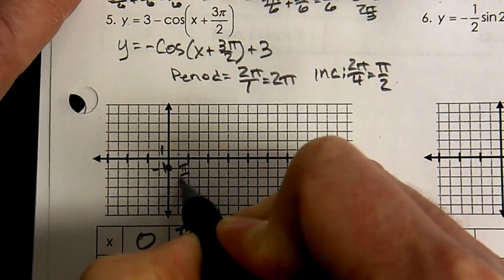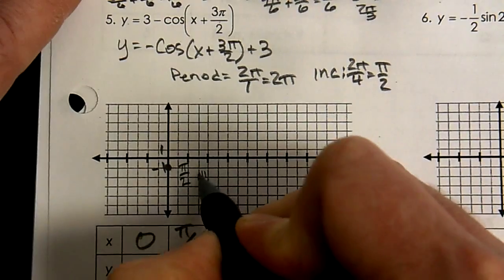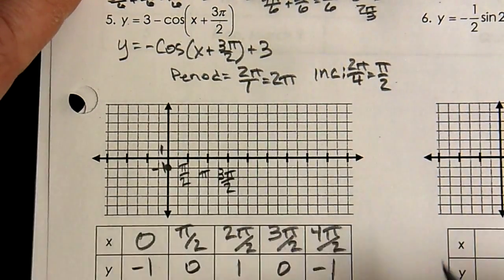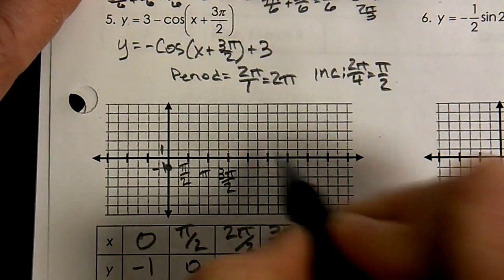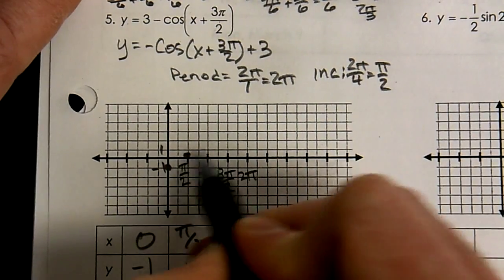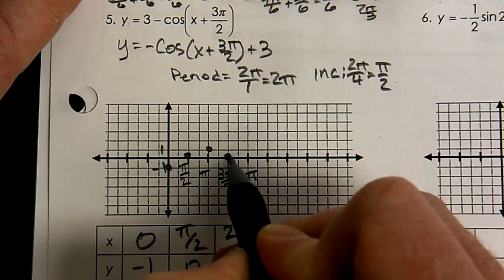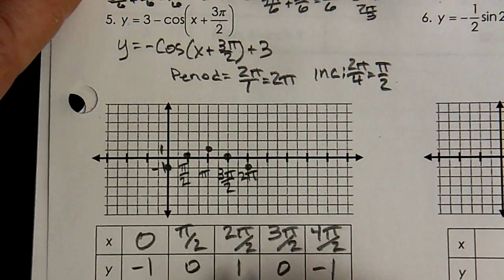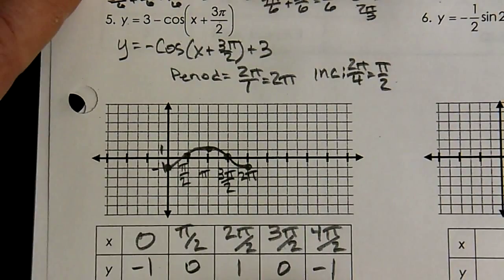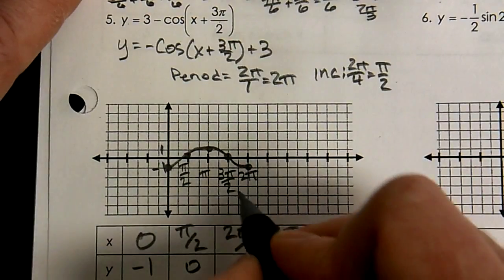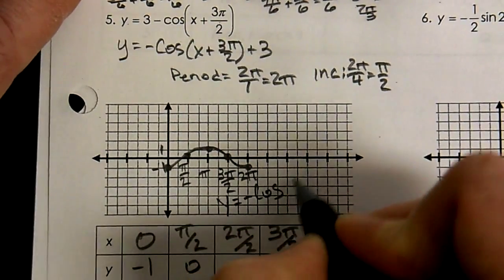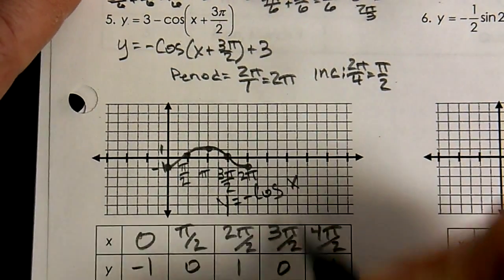At pi over 2, and then pi, and then 3 pi over 2, and then 2 pi. Climbs up, back to 0, to negative 1. Roll your graph through there smoothly, and write your equation of your graph. Negative cosine of x.